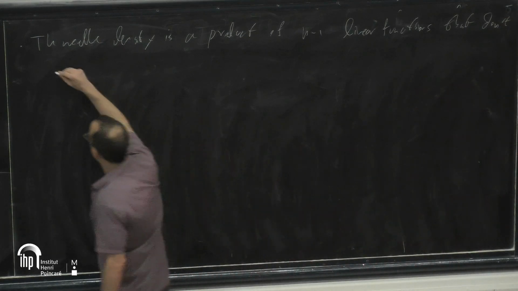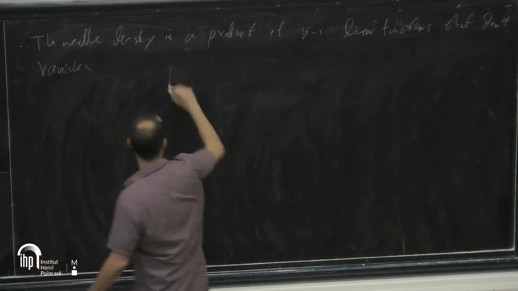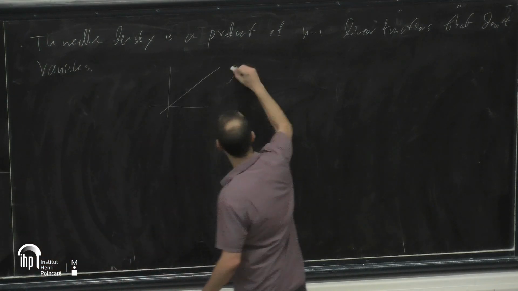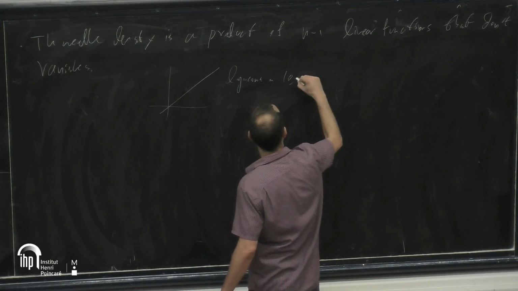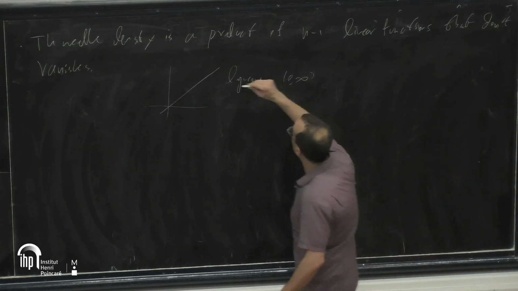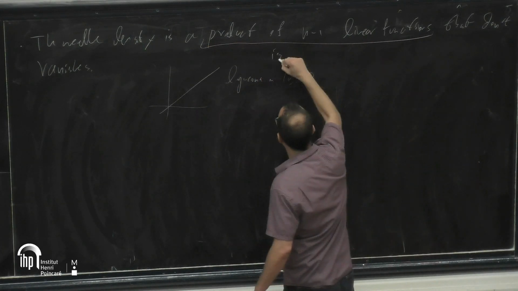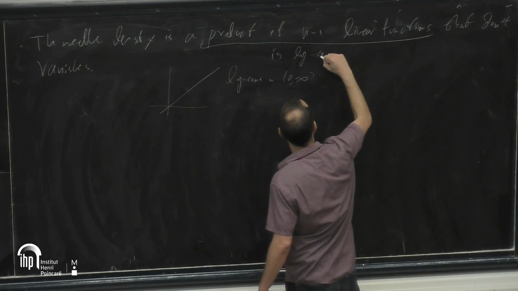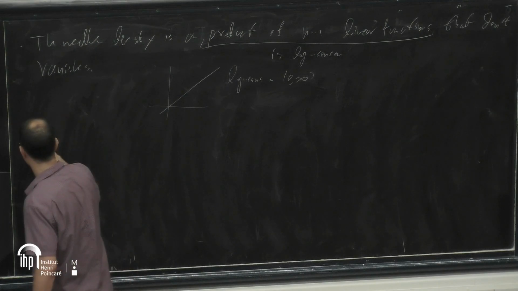We had this profound observation from the polar coordinates case that a linear function is log-concave on 0 to infinity, and the product of log-concave functions is log-concave. So the needle density is log-concave. Very good.